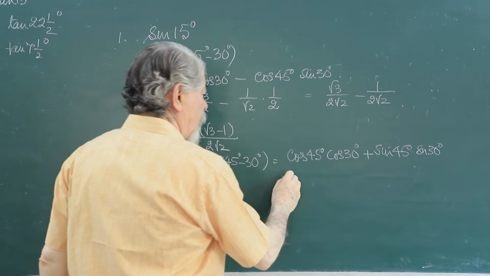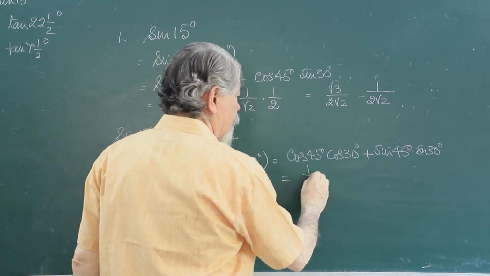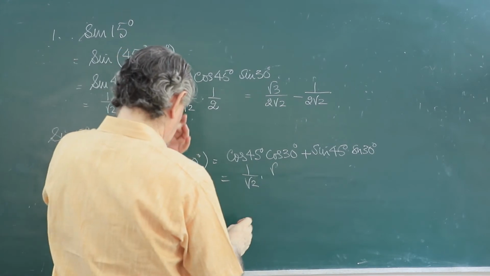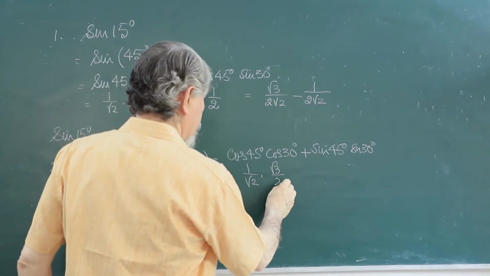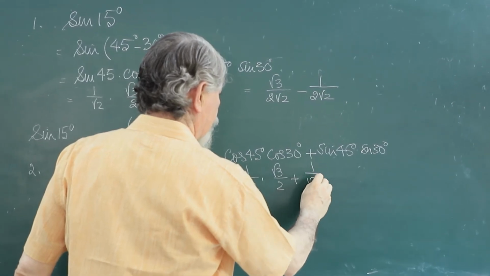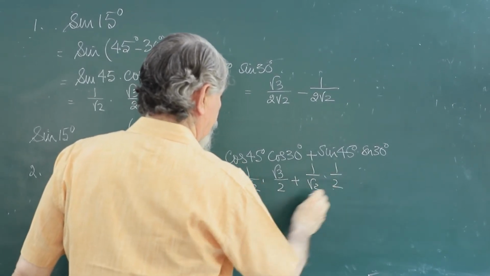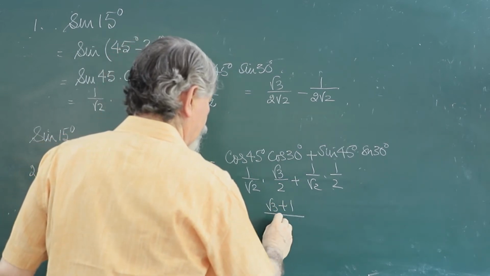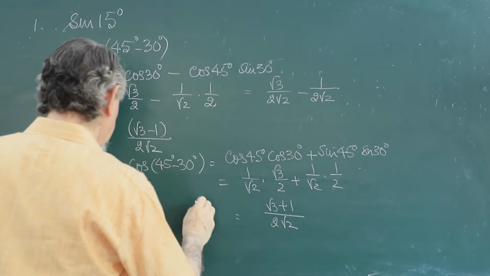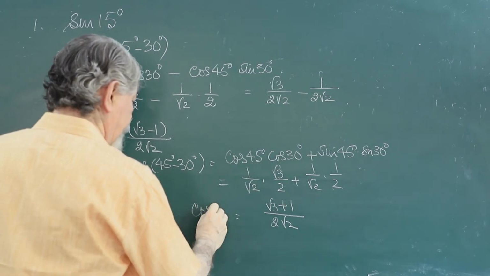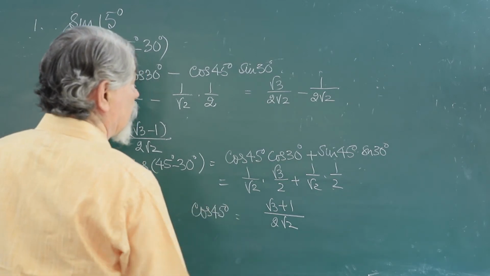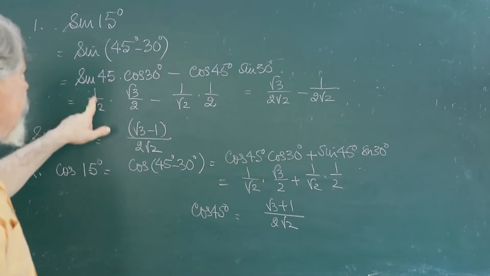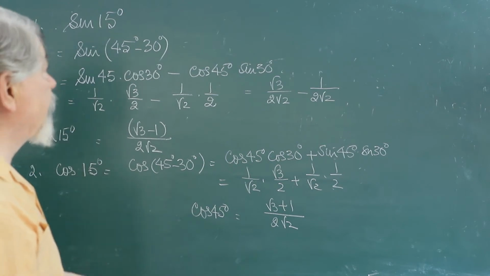Cos 45 is 1 upon root 2, cos 30 is root 3 by 2, sin 45 is 1 by root 2, sin 30 is 1 upon 2. So it will become root 3 plus 1 upon 2 root 2. So this is the value of cos 15. Now at the other end I will write down the value of sin 15 and cos 15 because I will be calculating tan 15 also.